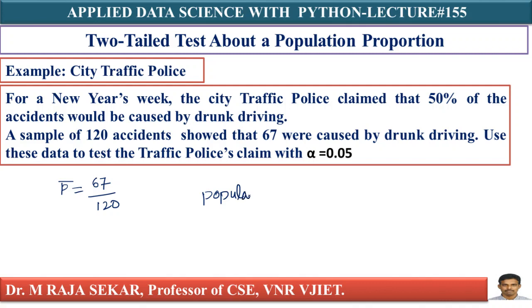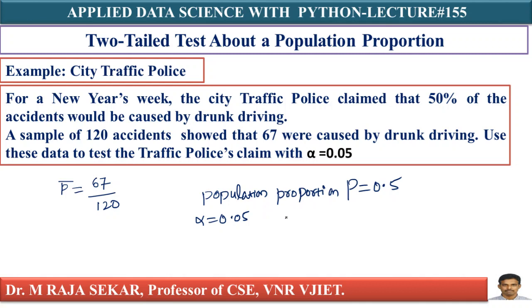We know that the population proportion, let me say it is capital P, that is 0.5. Why? Because 50% means 50 by 100, that's 0.5. Alpha equal to 0.05, isn't it?